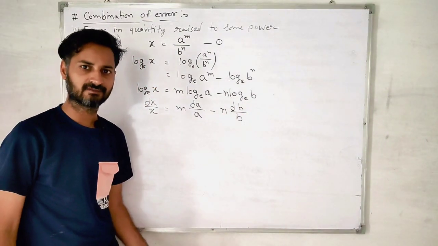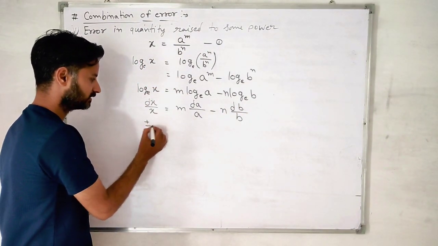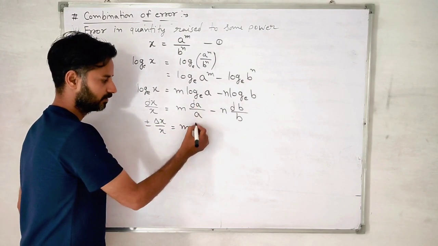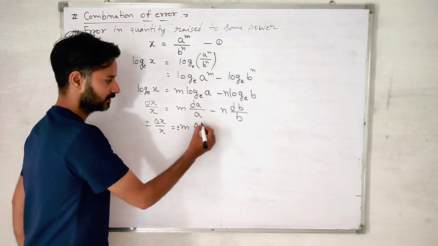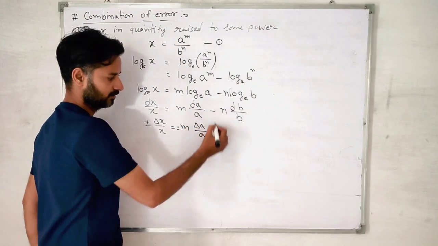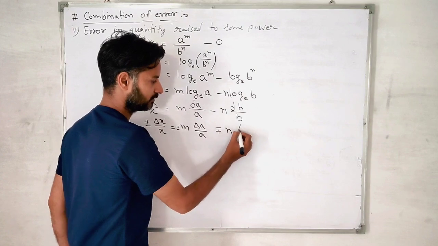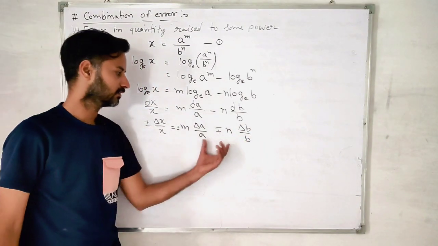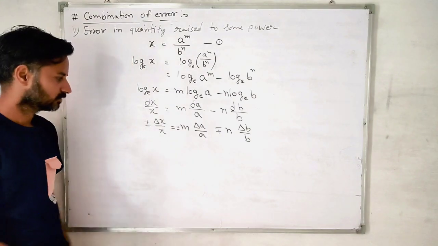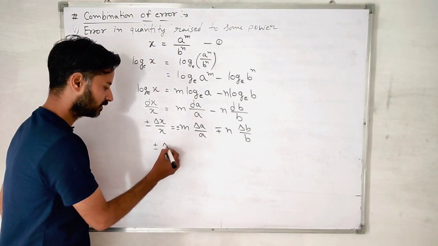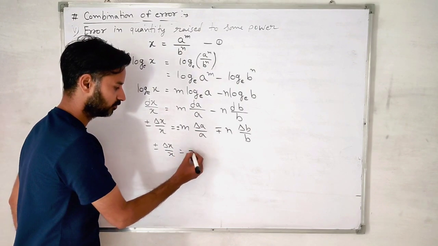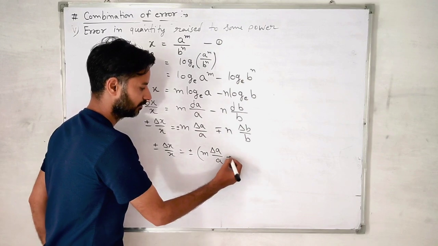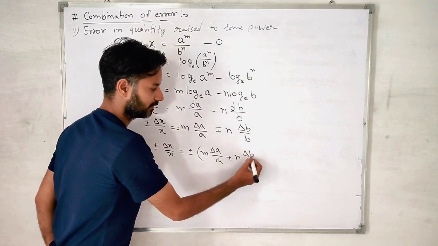In terms of relative error, we can write this as plus minus del x divided by x equals m (plus minus del a divided by a) minus plus n del b divided by b. So here again we have four possible values. So the maximum permissible error will be del x upon x equal to plus minus (m del a divided by a plus n del b divided by b).